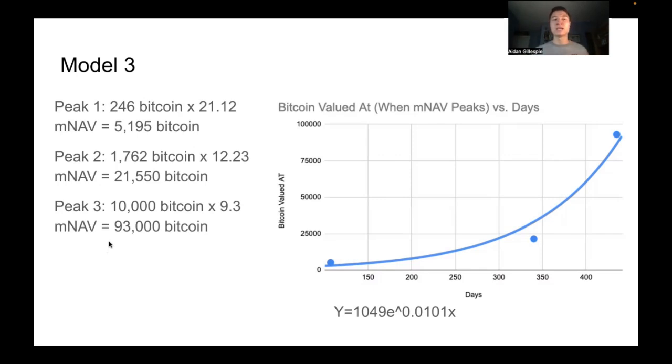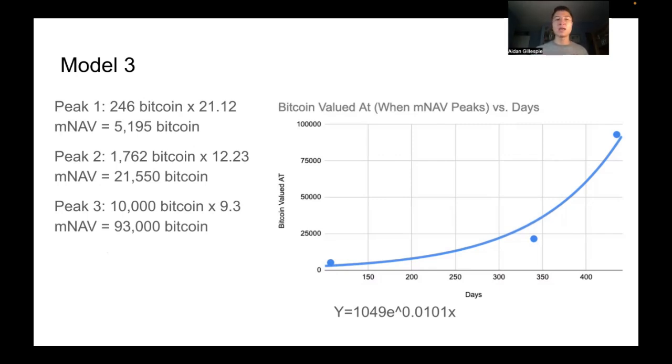So essentially, instead of just graphing the MNAV peaks, I also took into account how much Bitcoin Metaplanet had at that time in this model.